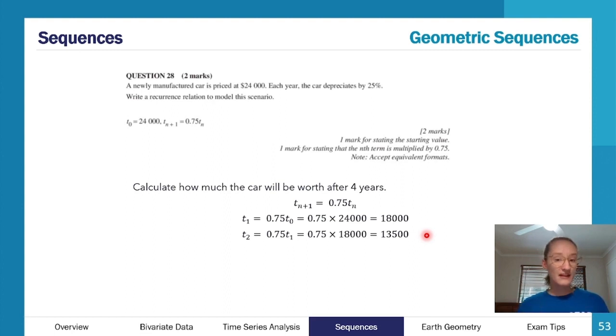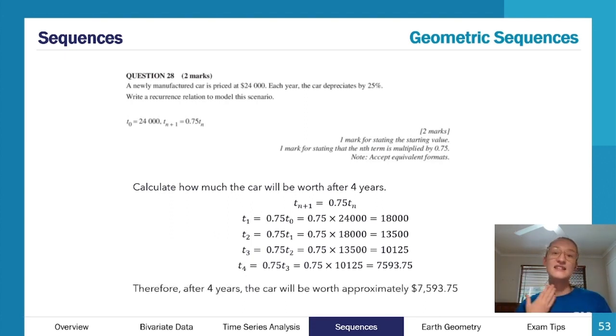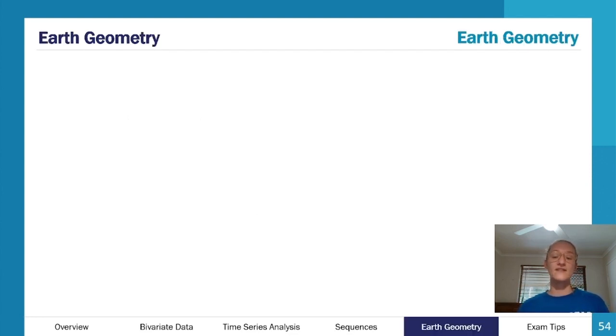It's still dropping in value by 25%, but the amount that's dropping is less each time because it's a percentage, not a set number. Same for term 3 and same for term 4. And then answer in a sentence. Make sure you're getting all of those marks. So therefore, after 4 years, the car will be worth approximately $7,593.75.